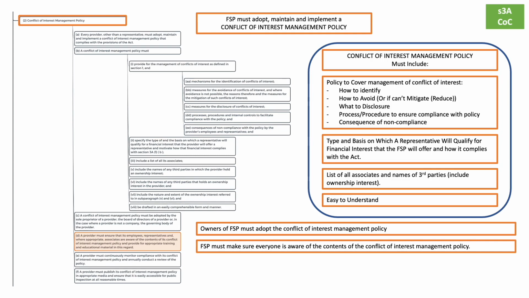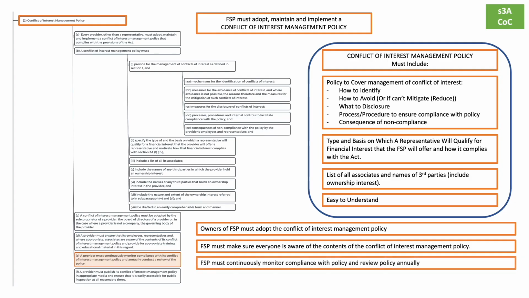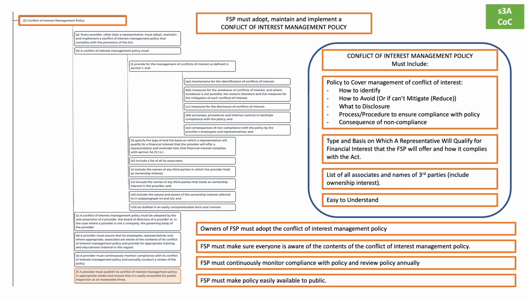This is usually done through training and awareness. The FSP must continuously monitor compliance with the policy and review the policy annually. The FSP must make the policy easily available to the public.